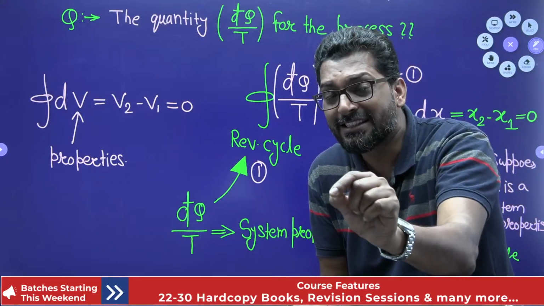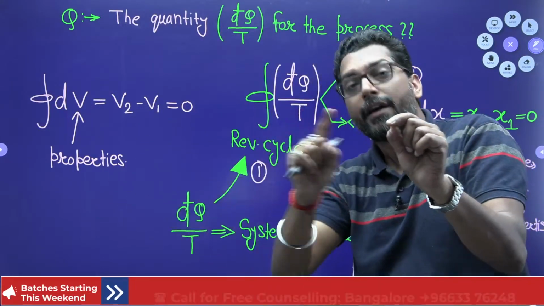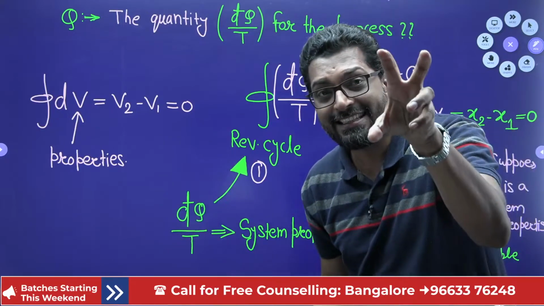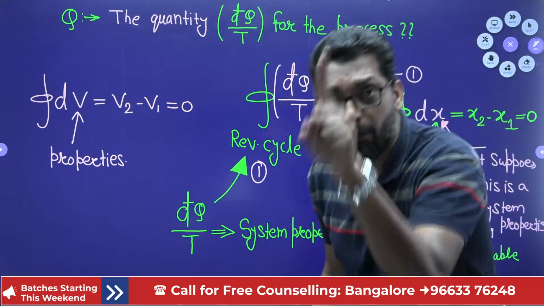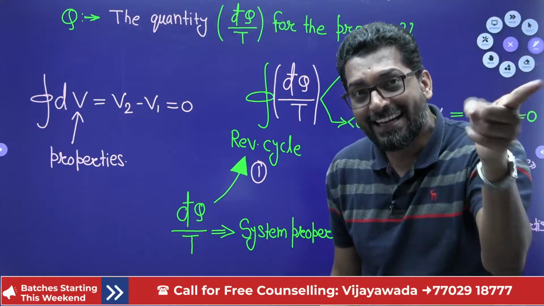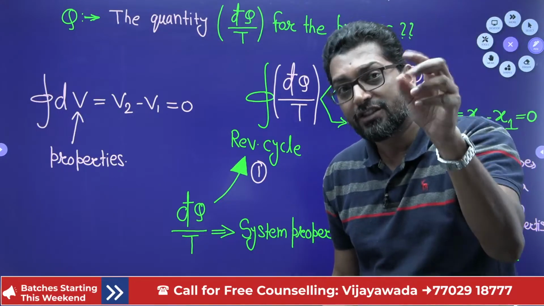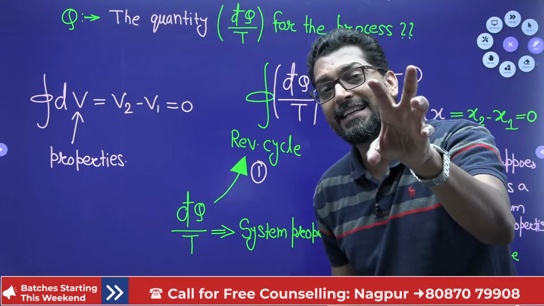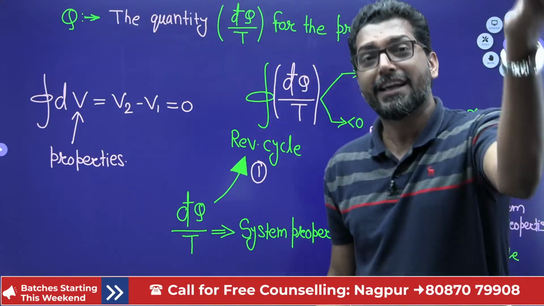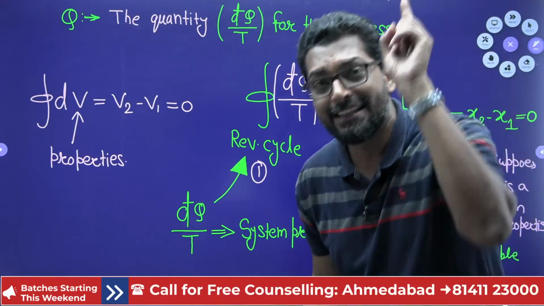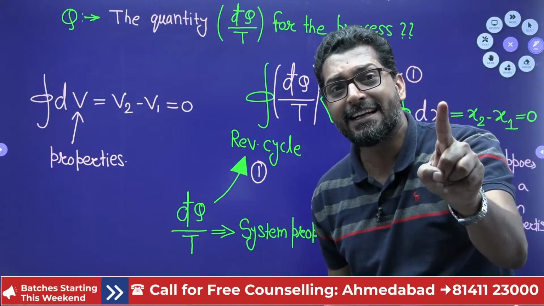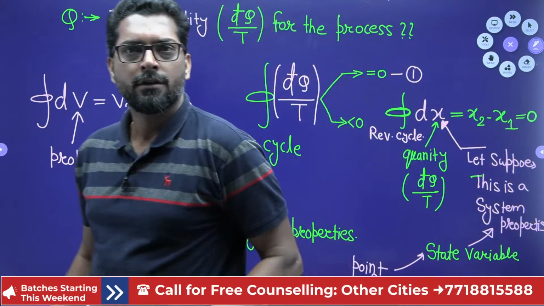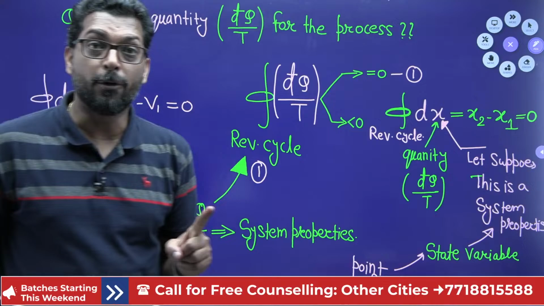During a reversible cycle the cyclic integration of dq by T is zero, and in that sense dq by T is a property. But the same quantity dq by T is less than 0 in an irreversible manner, and then it is not a property. This is very important.